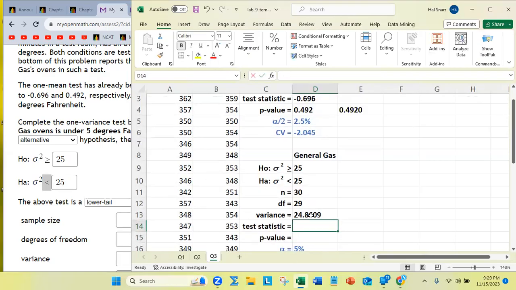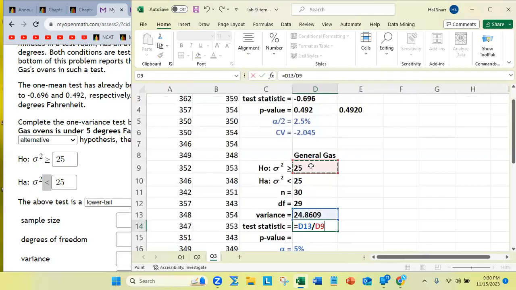The test statistic is the sample variance divided by the hypothesized variance. And notice my sample variance is pretty close to the requirement of the trade magazine. It requires it to be 25, right?